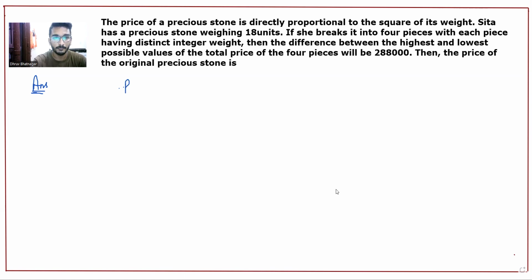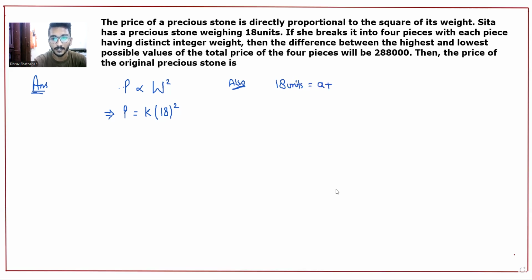We have price directly proportional to weight square. When I remove this proportionality, I will apply a constant k, and the weight is given as 18. Now, the next information that is given to us is that we break this weight into four distinct integer parts.